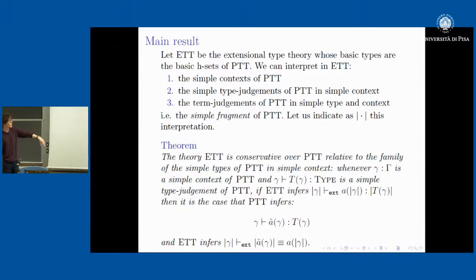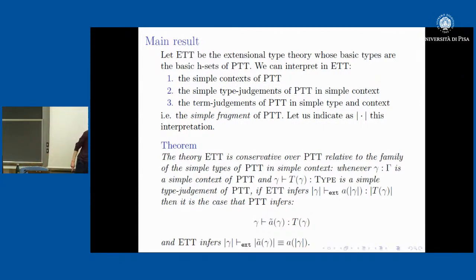ETT is conservative over PTT relative to this family of simple types, meaning that if we are given a simple context gamma of PTT and a simple type, capital T, in this simple context, assuming that ETT proves the interpretation of T, so assuming that ETT is able to build some term A in the interpretation of T, then so does PTT.